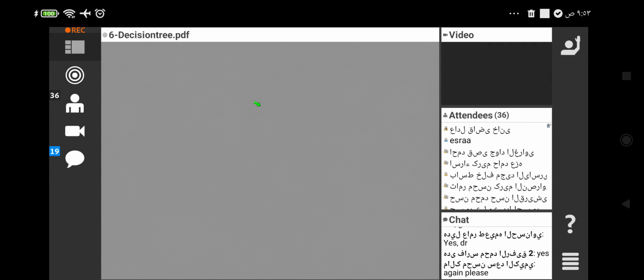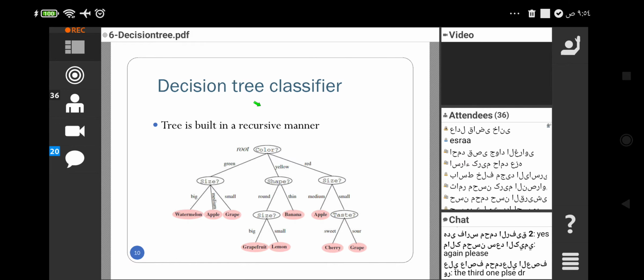Look at this example that we had here. In this example, our data has four features: color, shape, size, taste.